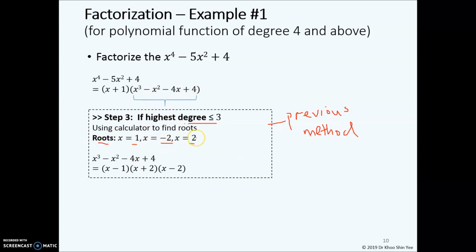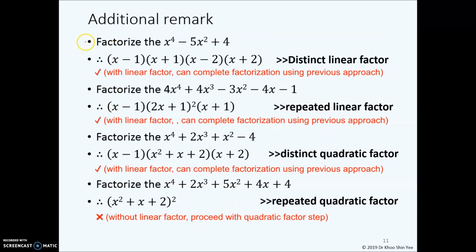All of them are real numbers, so we can write the linear factors in this way. So lastly, you want to find x to the power of 4 minus 5x squared plus 4. After you factorize it, you get this answer. By using this method, basically you can solve these 3 cases where you have the linear factor.